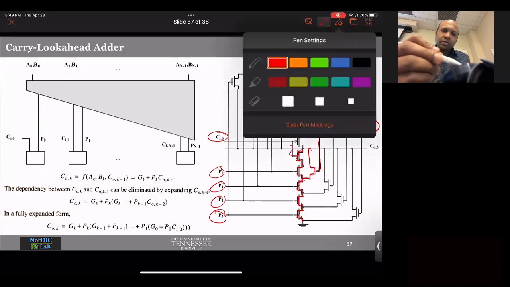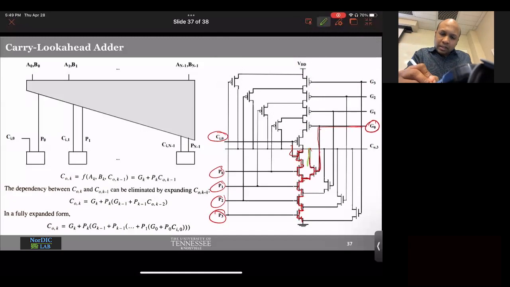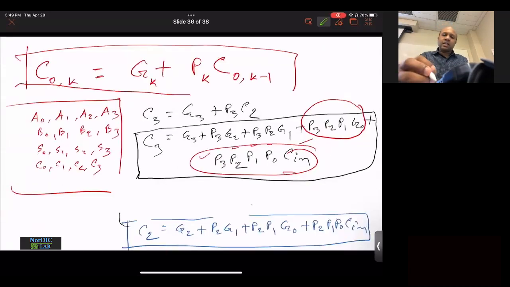And let me use a different color maybe. This is G0. What is that? P1, P2, P3. So P1, P2, P3, G0. What is that? The second term. You see the point? So essentially you keep doing that. You just literally implement this through the chain.